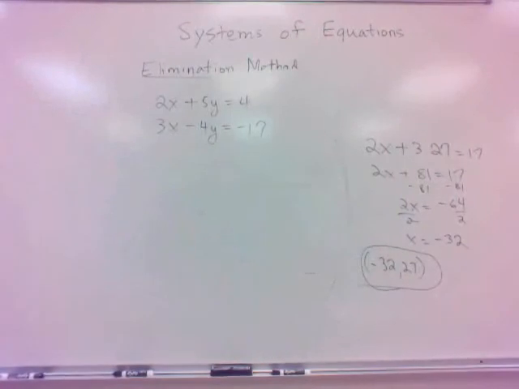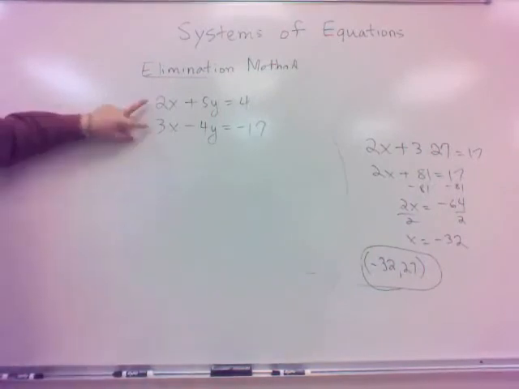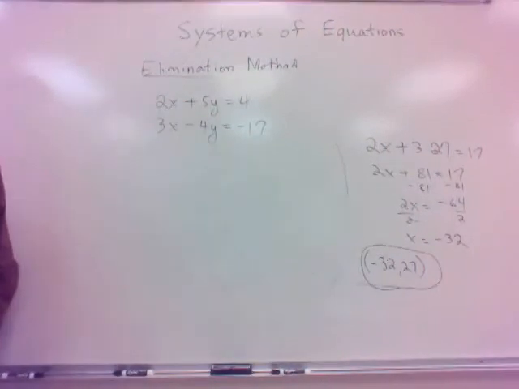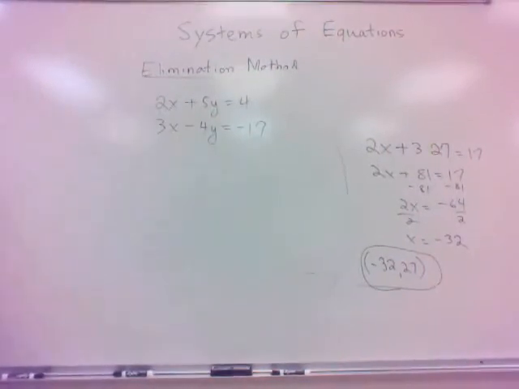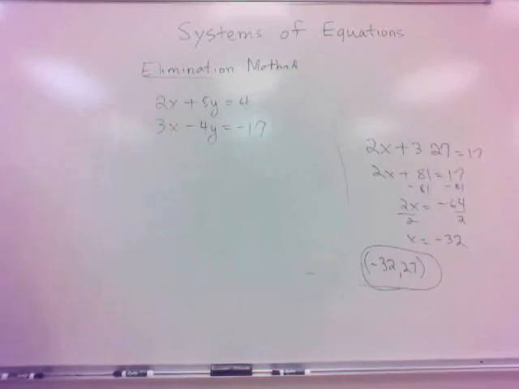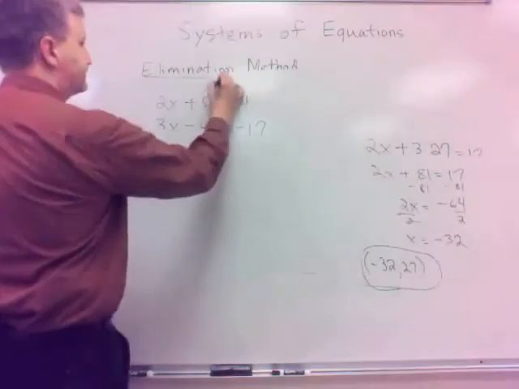Now this one, kind of a toss-up on whether to use x and y. Let's just think about it, though. The x's would be 6, the y's would be 20. However, it might be a little bit nicer on the y's because I don't have to worry about the positive and negative thing. They're already opposite signs on the y's, so I don't have to think about that. So let's eliminate the y's here.